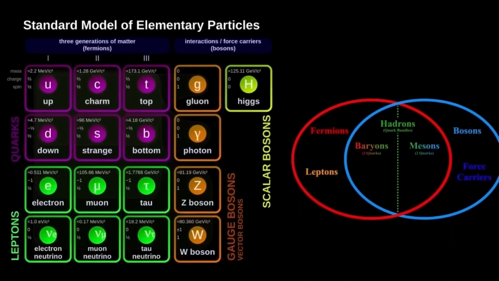So when we do talk about particles, I'm ignoring a huge number of things that are in the standard model of elementary particle physics. Notice there are 17 different fundamental particles. There are 6 quarks, 6 leptons, 4 boson force carriers, and 1 scalar boson, the Higgs boson.